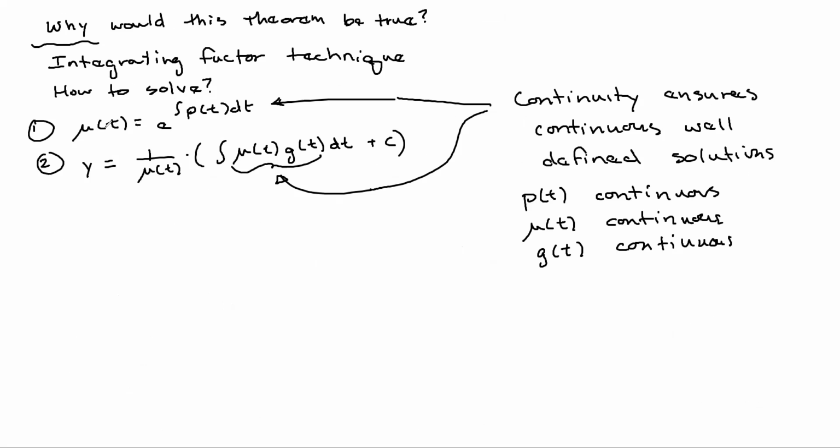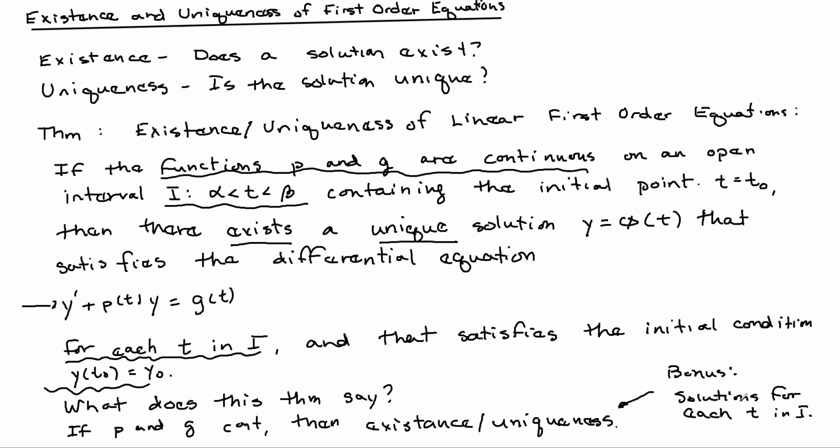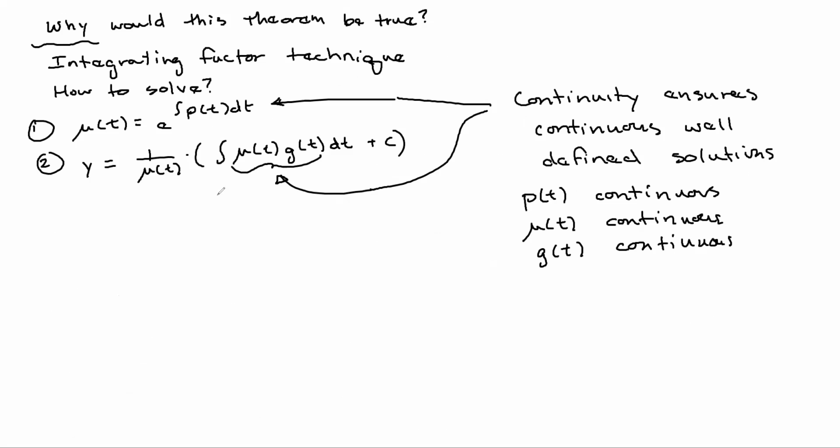Yes, it's possible. You can have discontinuous functions that become better behaved after integration. The same thing is true here, but that's not the point of the theorem. The point of the theorem is what guarantees that you get nice behavior, and continuity is that thing. If you have continuity, then you're guaranteed to be able to do all of this and get a good answer.